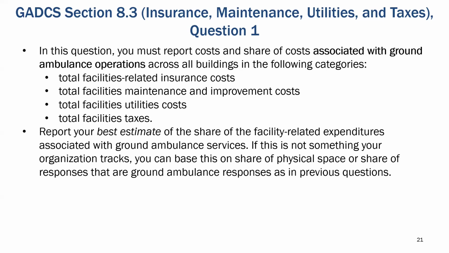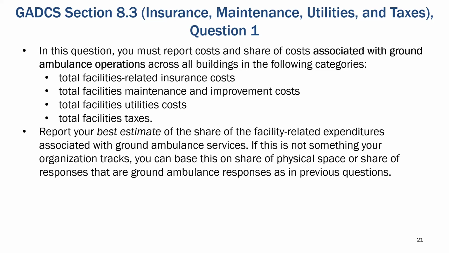There are opportunities in the tables in section 8.3 to report a share of the expenses you report there for these facilities related expenditures that are associated with your ground ambulance services. So as in many other places with allocation, you have a choice of doing allocation in a way that makes sense to you based on information available to your organization.